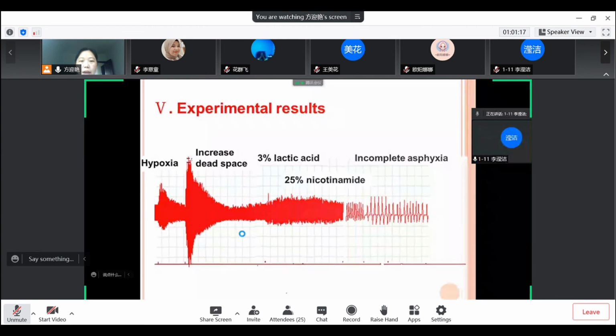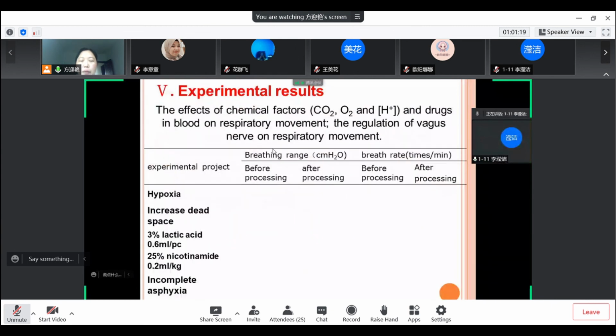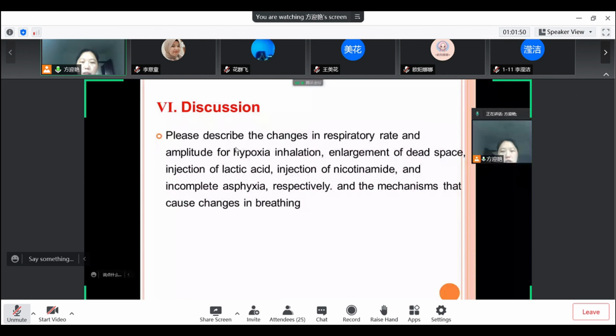Okay, now discussing. I hope you write the curve like that: first, hypoxia before that, and also the rate, range, amplitude, and rate. Make the table of the result, and then the discussion.